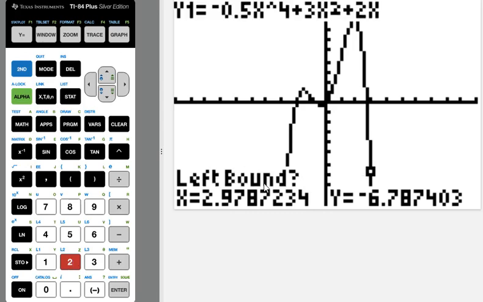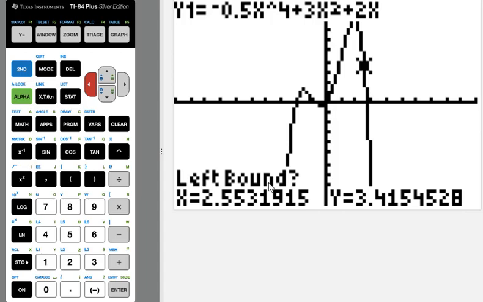Left bound means we need to put this arrow on the left side of this x-intercept. So we move the arrow to the left. Yeah, this is a left bound, on the left side of this x-intercept. I will press enter.